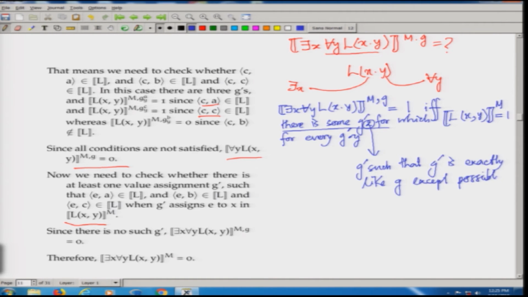except possibly for the individual assigned to x.